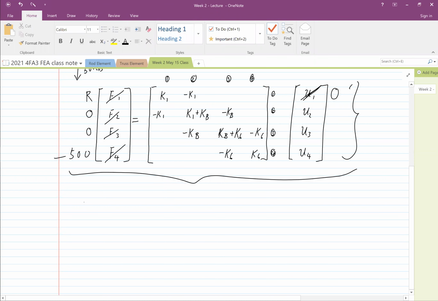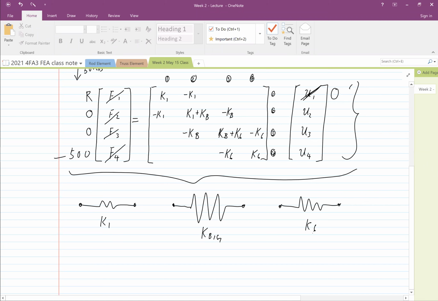But when you draw the free body diagram of K1, K big, K6, there is some force on it, okay? But they cancel each other globally.